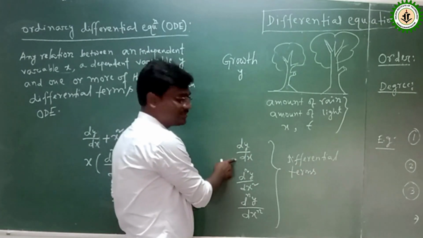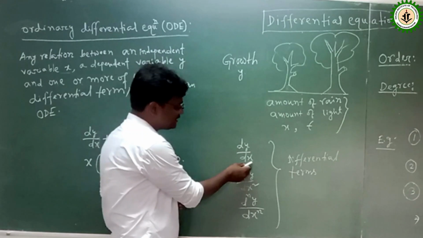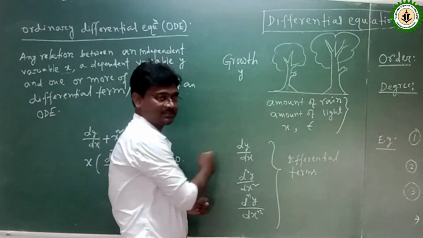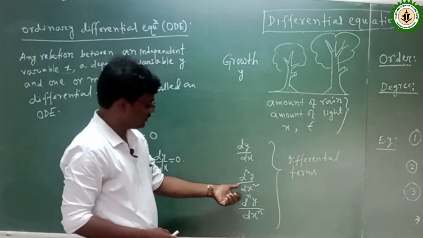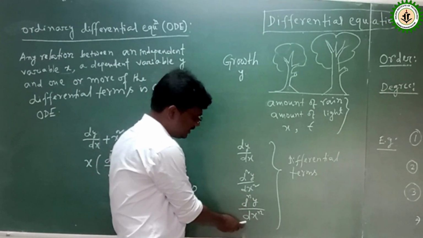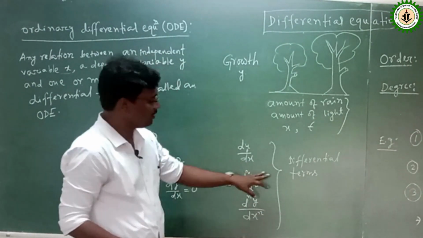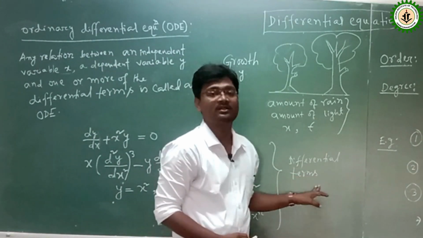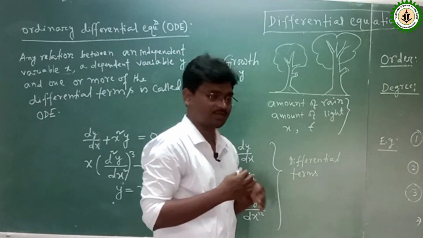Here dy by dx means the rate of change of the dependent variable y with respect to the independent variable x. This is the second order derivative with respect to x, and this is the nth order derivative, d^n y by dx^n. All these terms are called differential terms. Okay, so now let's come to the point.